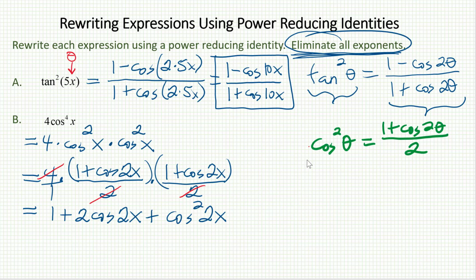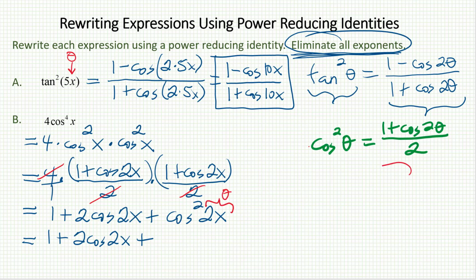I need to use this cosine double angle identity again. And that's no problem. The front part is great just the way it is, so I'll copy all that down. No exponents there. And then cosine squared 2x, well, I can apply my double angle identity as long as I'm seeing this 2x as my theta.